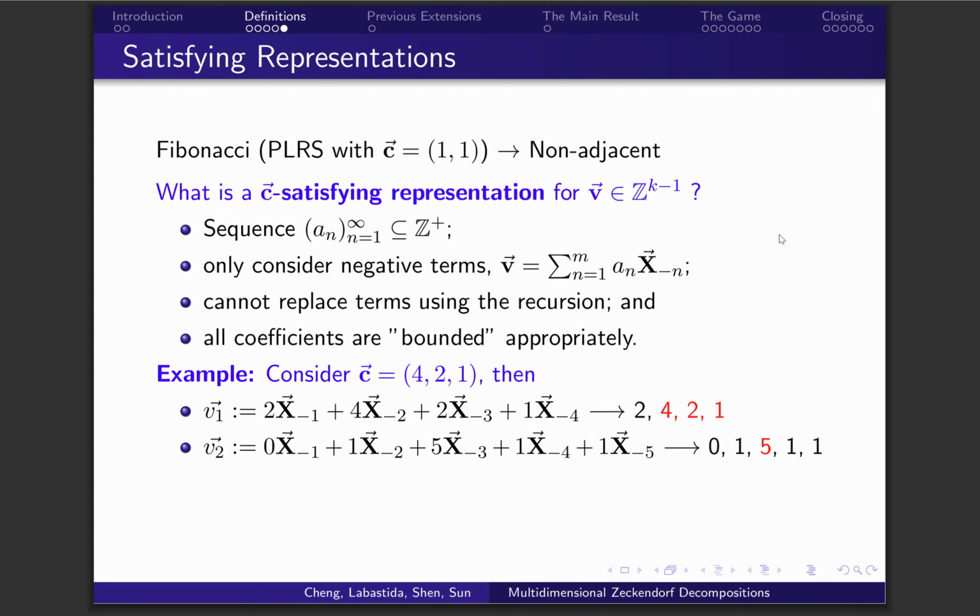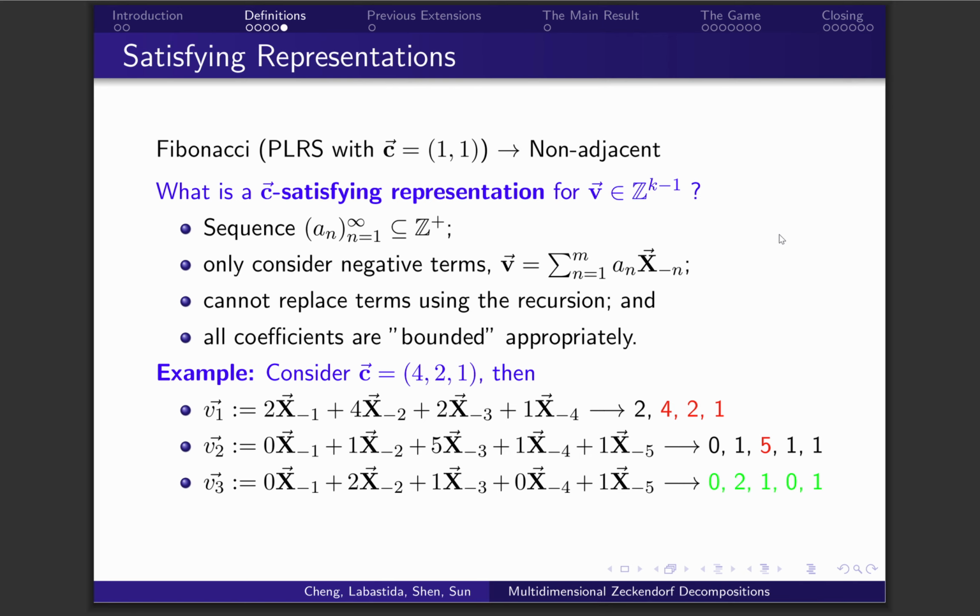Oh, we notice that there is a coefficient 5, which is bigger than the biggest number we have in our recursion, 4. So it is not satisfying as well. And the third example, vector v_3, whose coefficients are 0, 2, 1, 0, 1. So it is a satisfying one.